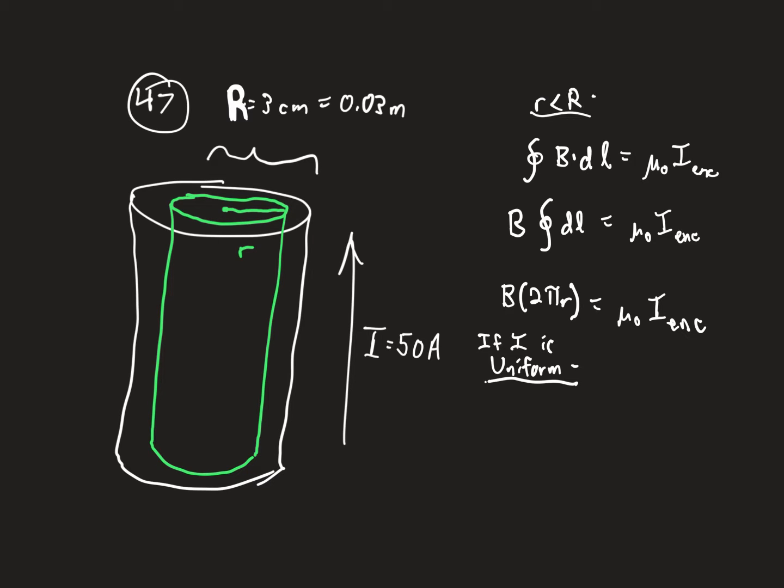If the current is uniform, then the current that's enclosed is equal to the area that's enclosed divided by the total area times the total current.